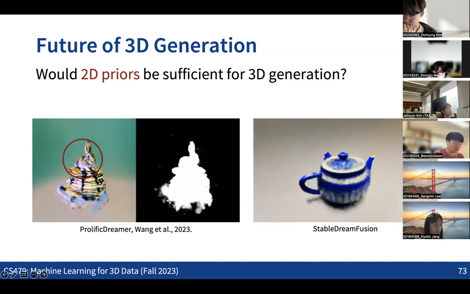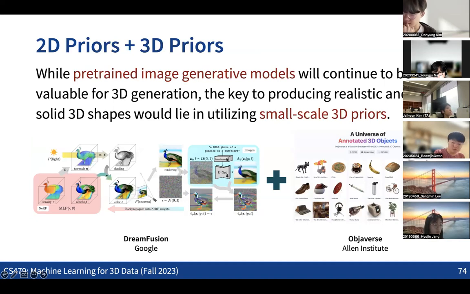To resolve this kind of issue, we might need to incorporate not only 2D priors but also 3D priors, giving some prior information for the 3D models as well. The thing is that we have more than 5 billion images as an internet-scale image data set.